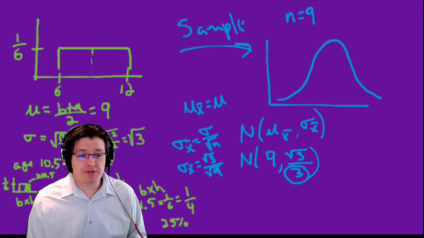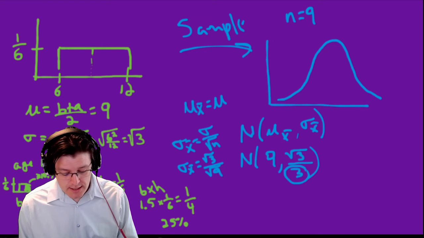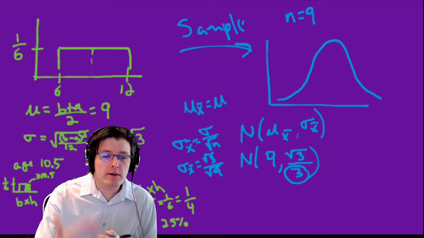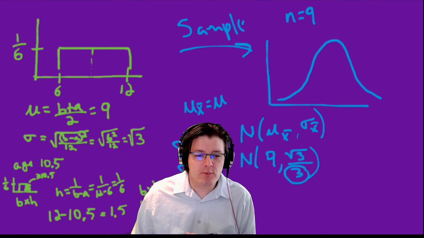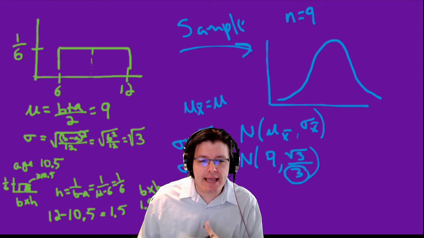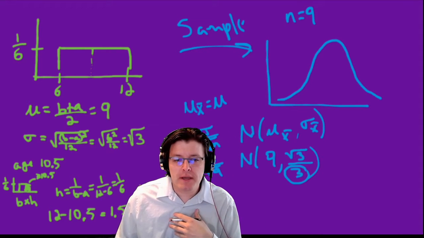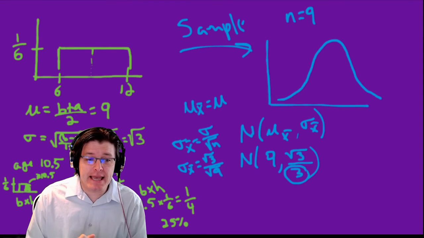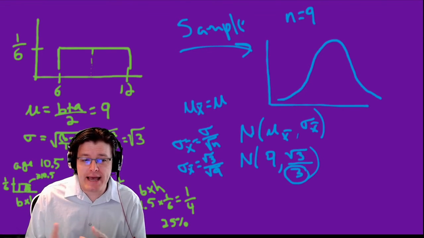So we have a normal distribution, and so now we can talk again about, in the problem behind me, we calculated what's the chance that we grab one kid, and it was 10.5 or older. Well, here, what's the likelihood that we sample 9 kids and the average is 10.5 or older?